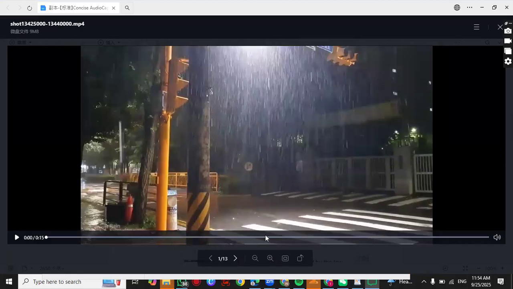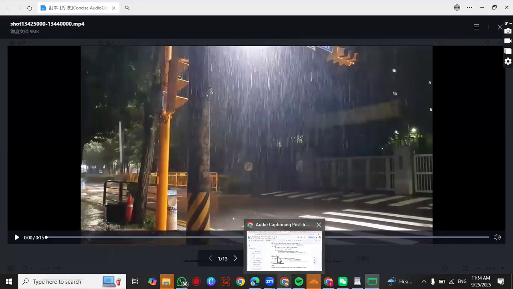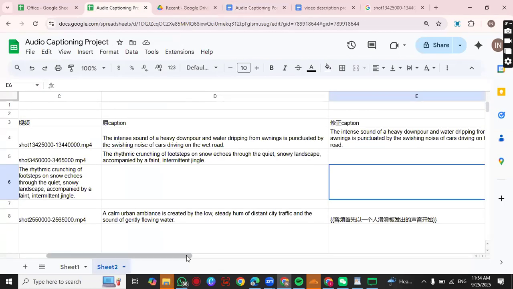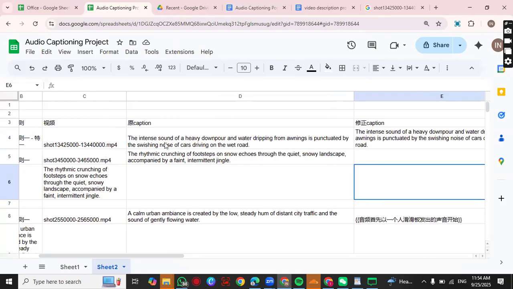Simple, there's the sound of the rainfall only, right? So let's see what caption the machine has written. The machine has written that the intense sound of a heavy downpour and water dripping from the awnings is punctuated by the swishing noise of cars driving on the wet road. So from this caption, we can clearly see that there are no sounds of the cars, right?